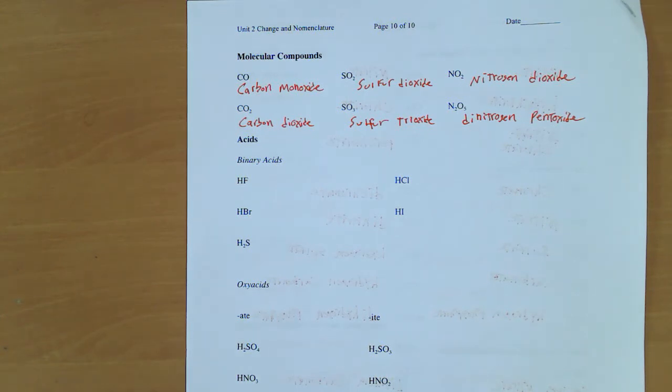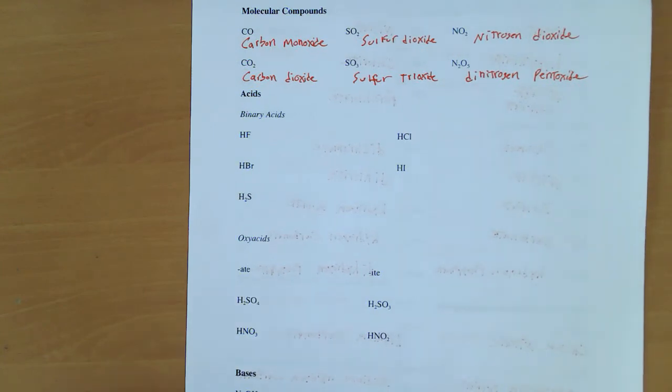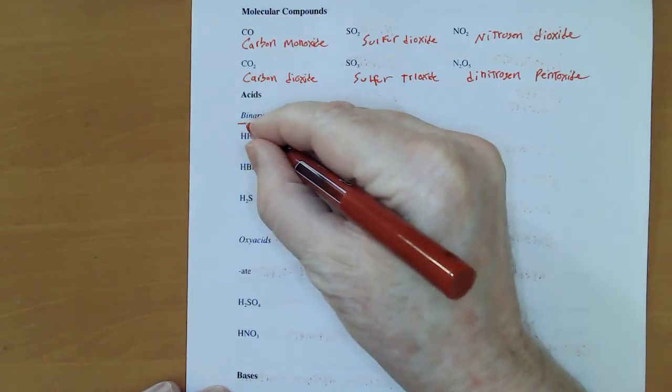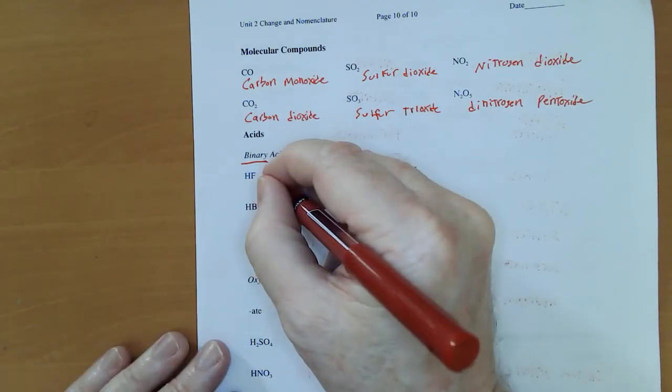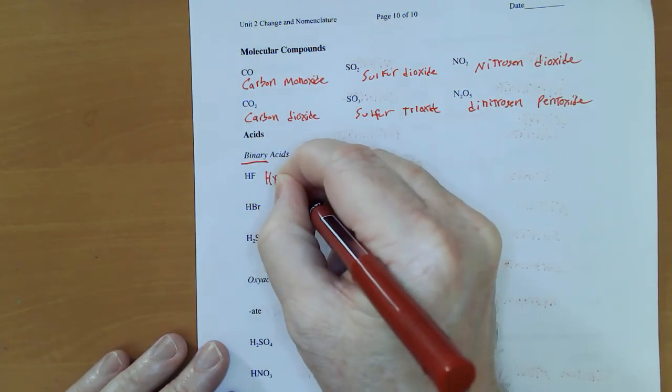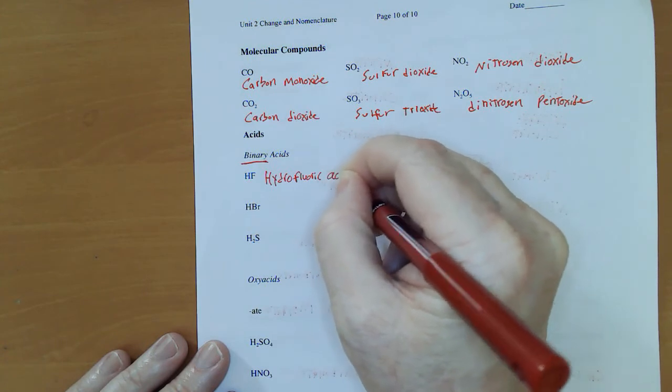Now, typically, we don't test the naming of acids in this chapter, but I do include it in here because it's nomenclature, so that you have seen it. When you just have simple binary acids, acids of two parts like HF, HBr, this is called hydrofluoric acid.